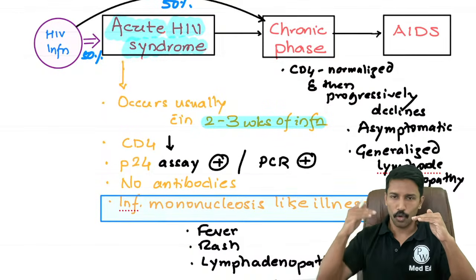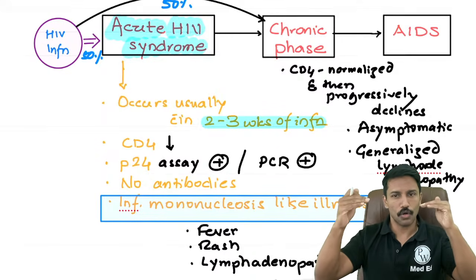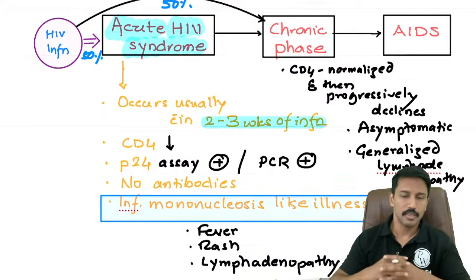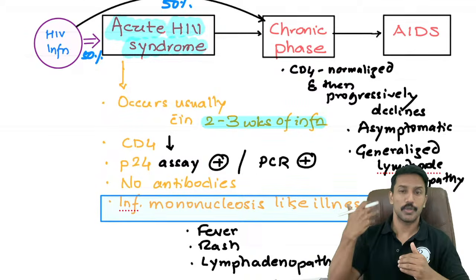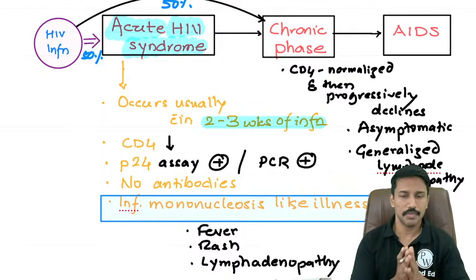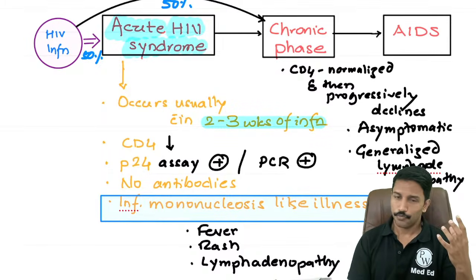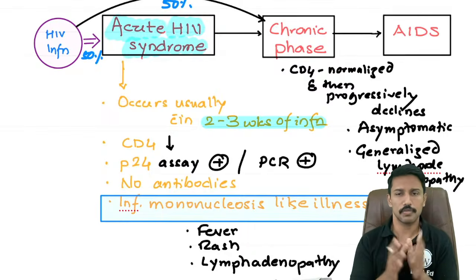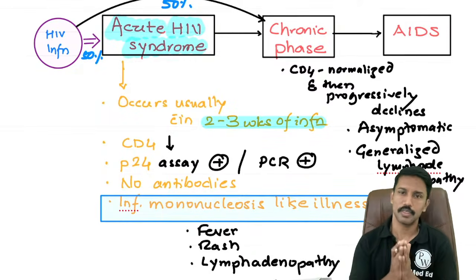As the viruses go on replicating, the CD4 count goes on decreasing. When the CD4 count drops below 200, the opportunistic infections start coming in, and then we call it AIDS. So what is AIDS? AIDS is not equal to HIV. AIDS is HIV with low CD4 count resulting in AIDS defining illnesses, which are nothing but major opportunistic infections.